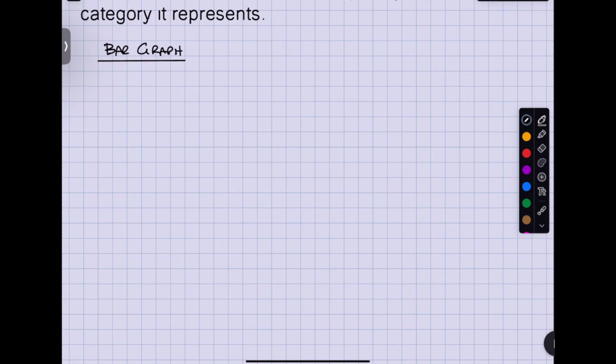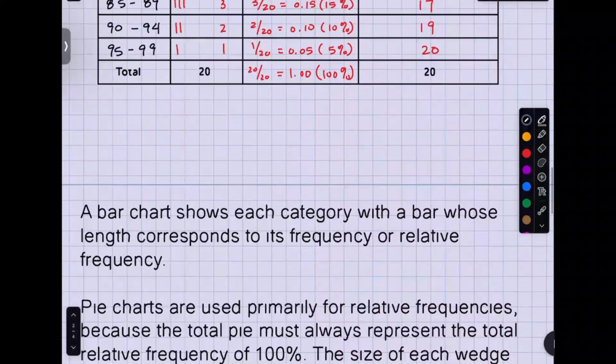So for your bar graph, how do I want to show this? Should I show it this way for that?